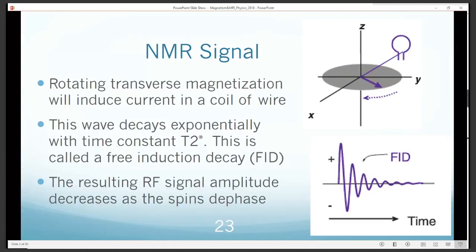This signal decays with a time constant called T2 star, and we'll explain what that is in a second. But the reason that the signal decays is mainly due to dephasing of the spins. They all start out in what we call a coherent state, but then due to microscopic and macroscopic processes, there's dephasing of the signal across the sample, and the signal goes away.